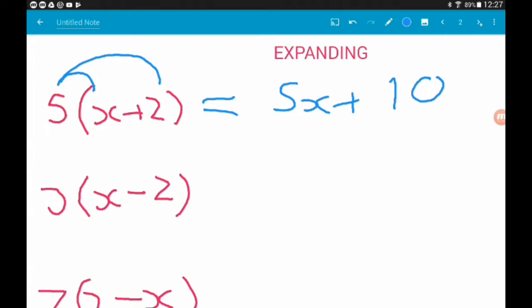Okay, for the next example, we've got 3 lots of x minus 2. So 3 times x is 3x. Now here we've got a minus next, so write him down, and then we've got 3 times 2, which is 6. So our answer there is 3x minus 6.